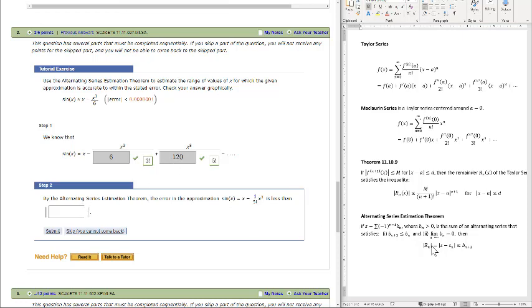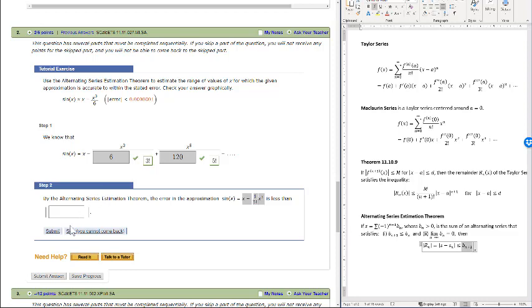By the alternating series estimation theorem, what they're saying here is that the error in the approximation for the sine function is going to be less than the next term, for values that are sufficiently close to 0.